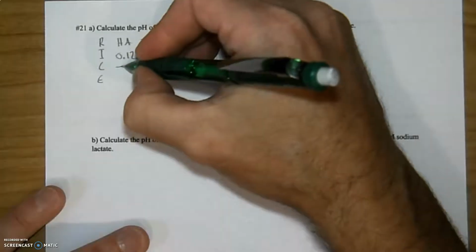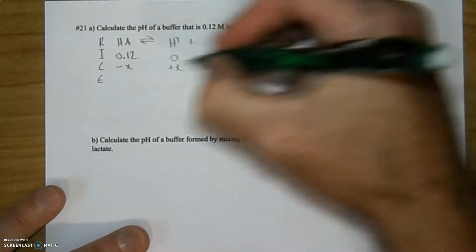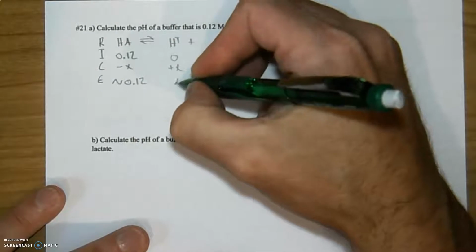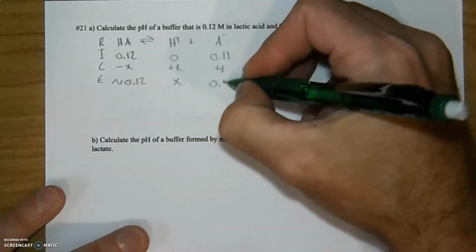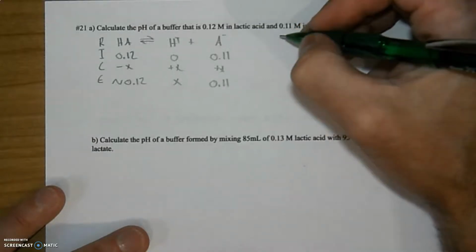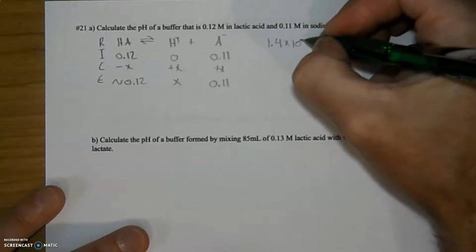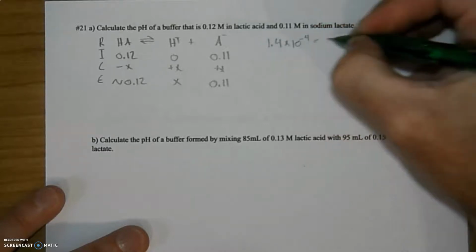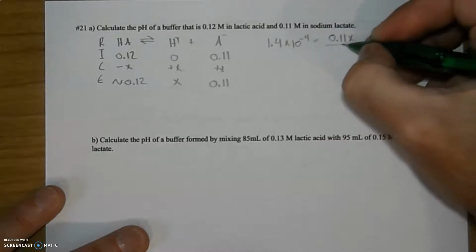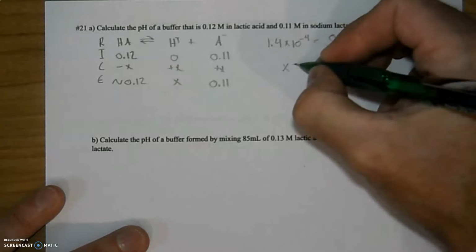This for this, for this, and for the base. It's going to dissociate some. We go ahead and put that value over here. It's about the same. And then we take a look in the back of the book for the Ka value. The Ka value happens to be 1.4 times 10 to the negative 4. Put in the concentrations that we have, solve for x.